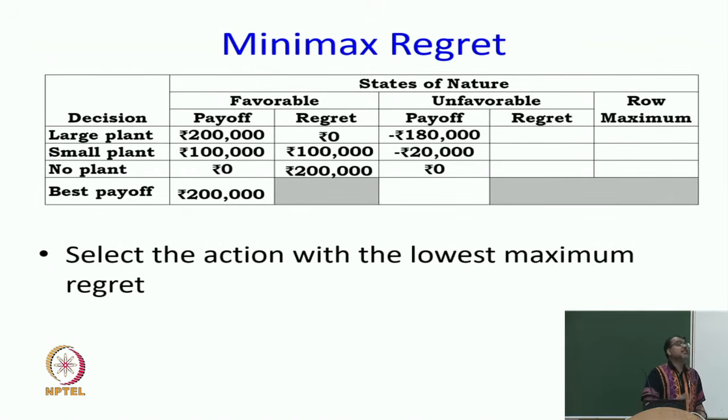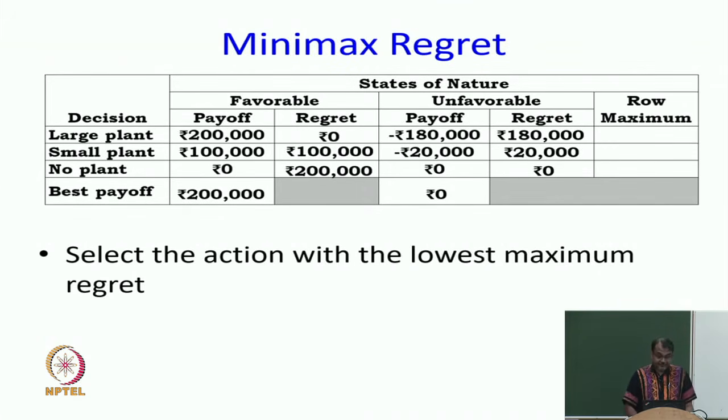So, this is your regret table for the situation where the market turns out to be favorable. Similarly, you can do it for unfavorable. If you make large plant, how much would you regret? 180k, you are going to regret 180k, you are going to lose 180, so you are going to feel bad about the 180 that you lose. Similarly, you will regret 200 for the small, 20 for the small and 0 for no plant.